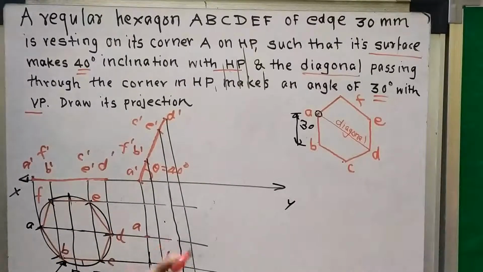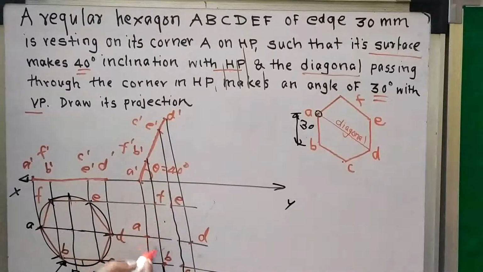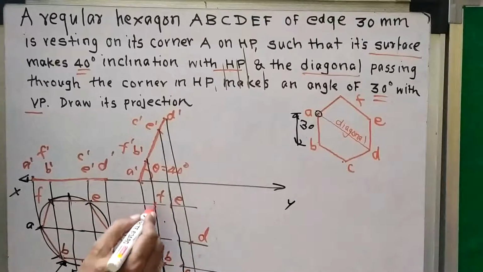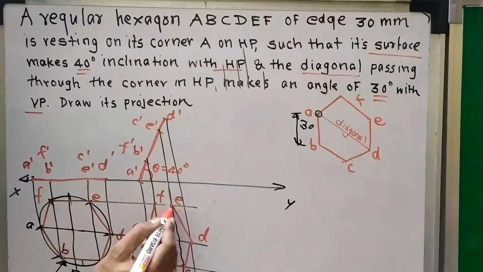So this is C point, then this is D, this is E, and this is F. So I got A, B, C, D, E, F. I joined this. I will get a hexagon.